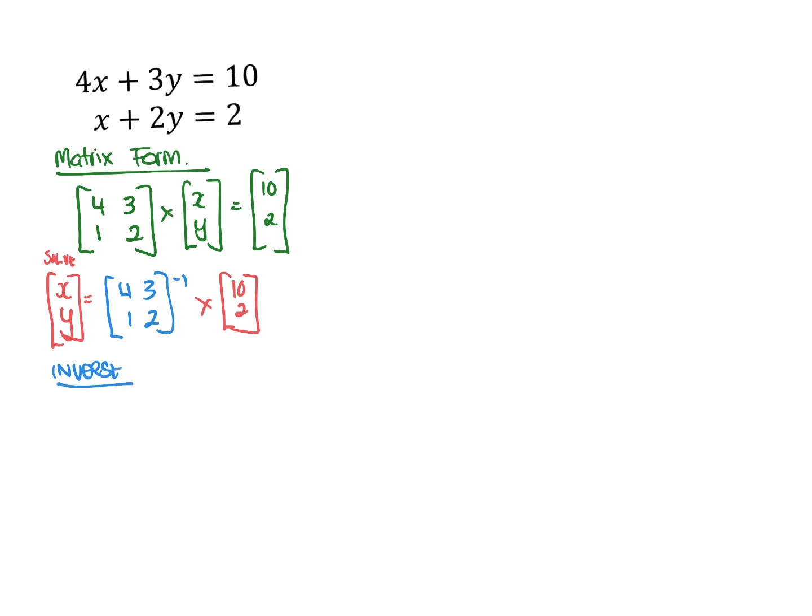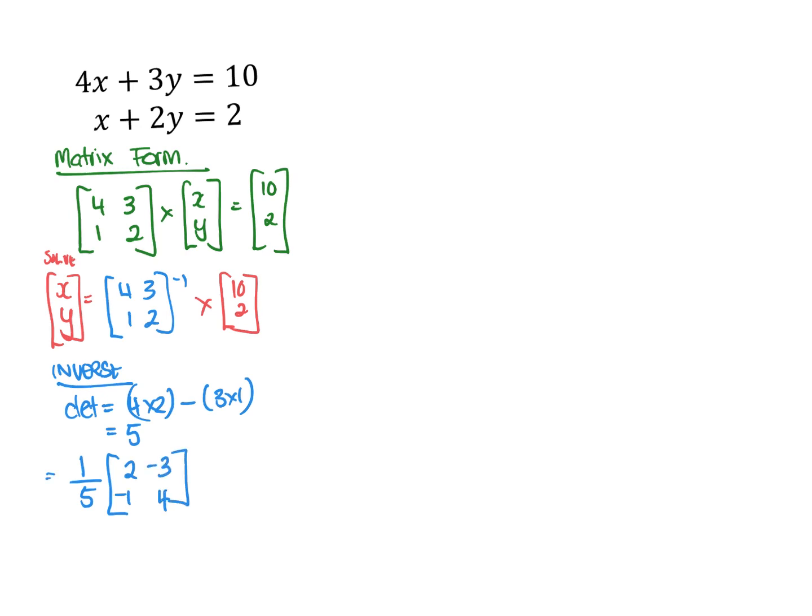So what I'm going to do is first find the determinant of that matrix. So it's 4 times 2 minus 3 times 1. So that is 8 minus 3, which is 5. So then when we do the inverse, it's 1 over 5. We're going to swap these numbers round and we make the other ones negative.